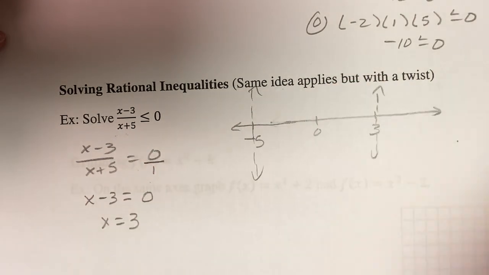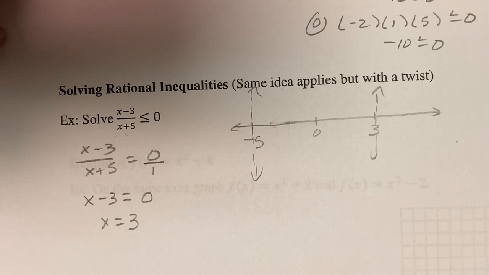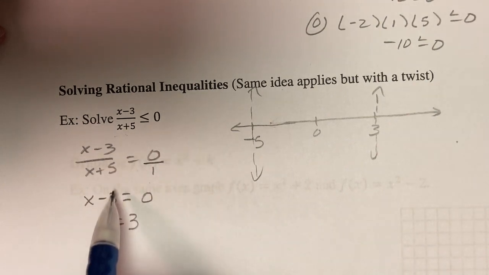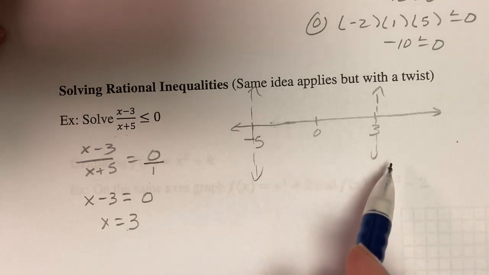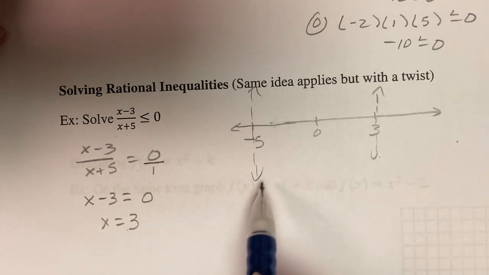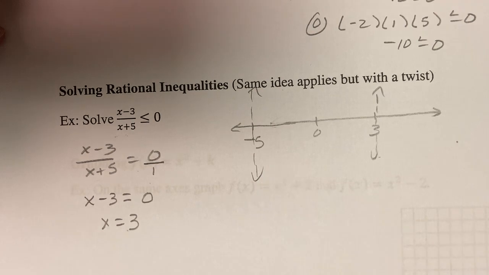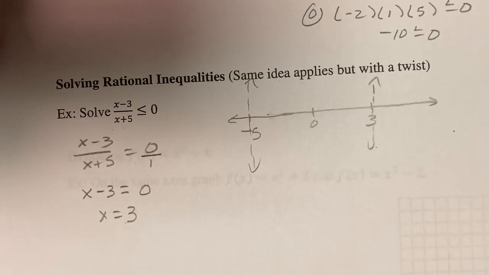You don't want an undefined fraction. So not only do you have to solve the equation and get your answer to put on one number line, you also then at the same time have to do the denominator not equal to 0.